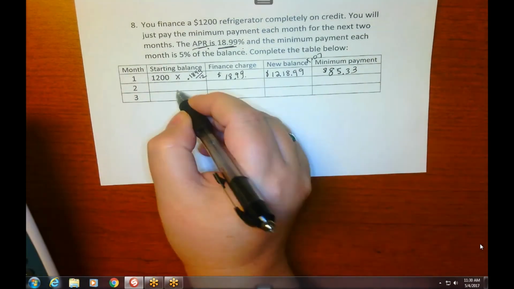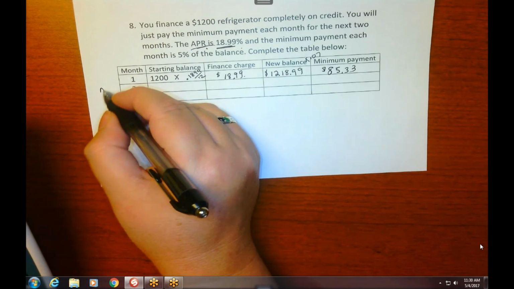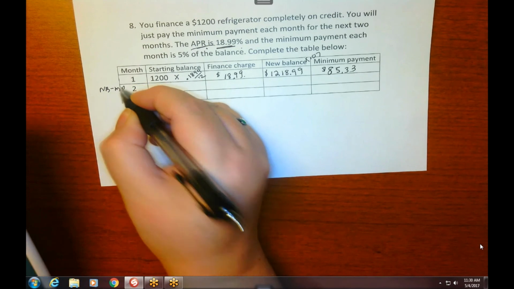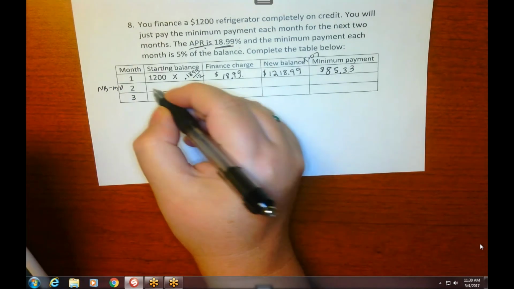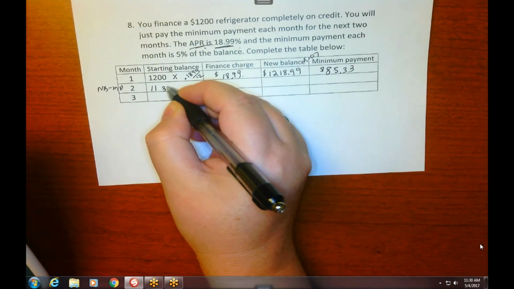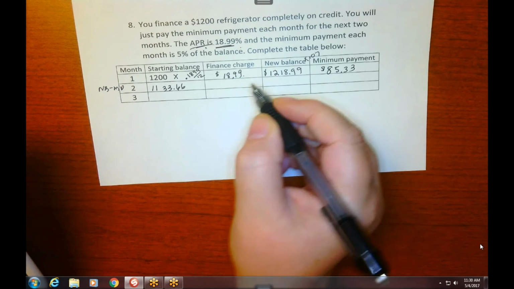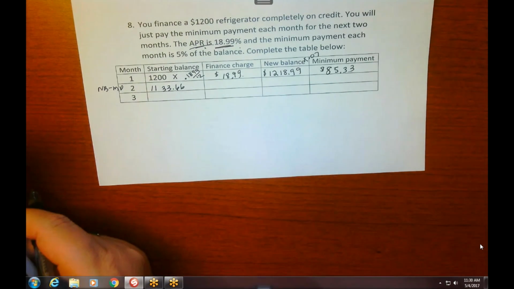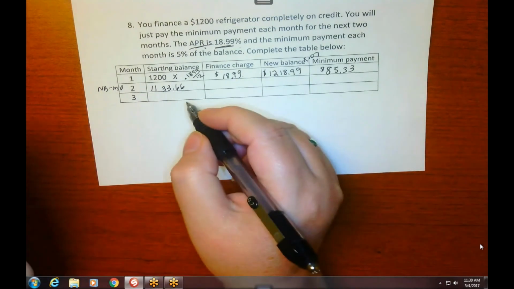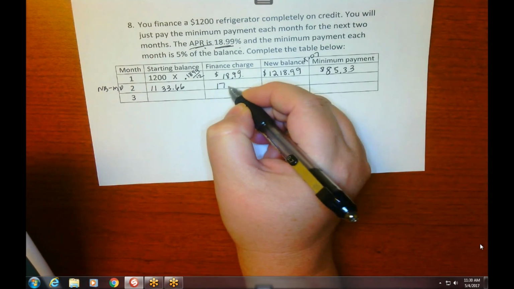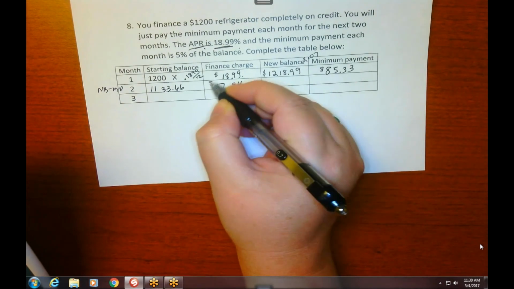Okay, now the starting balance is the new balance minus the minimum payment. $1,218.99 minus the 85.33. So we get 1133.66. Then we just start all over times 0.1899 divided by 12. 17.94.